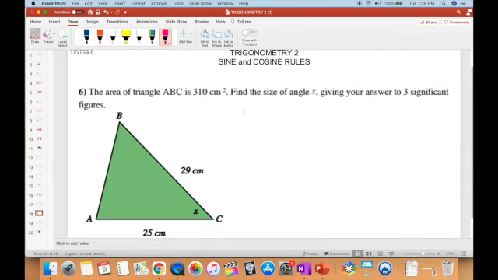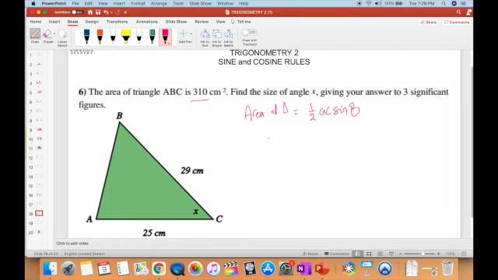So the first thing is, I know that the area of a triangle is a half the two sides by the sine of the included angle. Is that the first thing you have? Right? And they actually give us the area, 310.